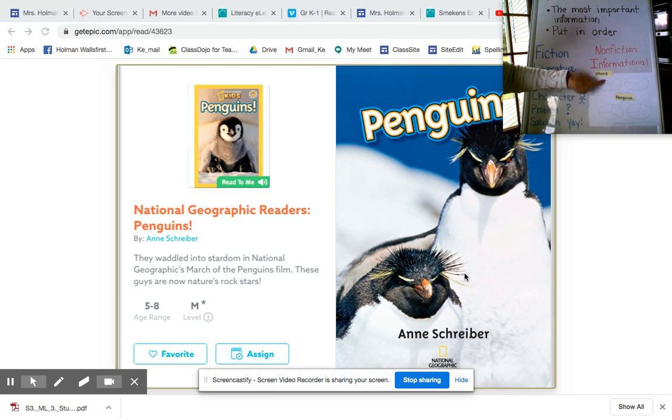That means that you could write 3 things, or even less about where penguins are from. Or you could even divide it into more if you wanted to write more about where penguins were from or retell more.